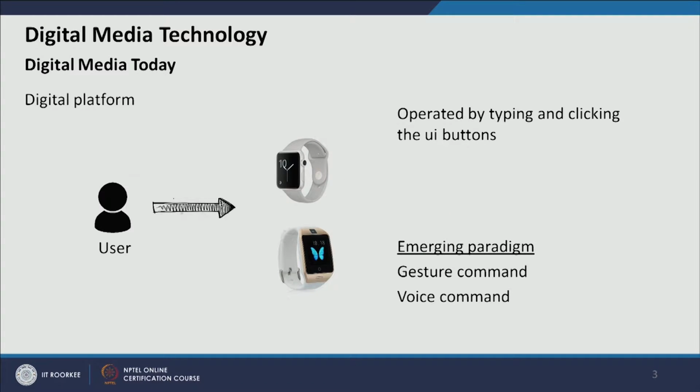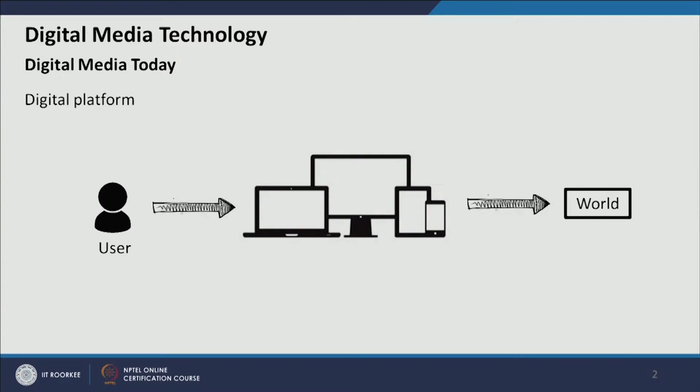And today we also have different media. Initially, we were communicating with the world with one mobile or one tablet and one laptop, and they were not interconnected. Right now we have interconnected things.